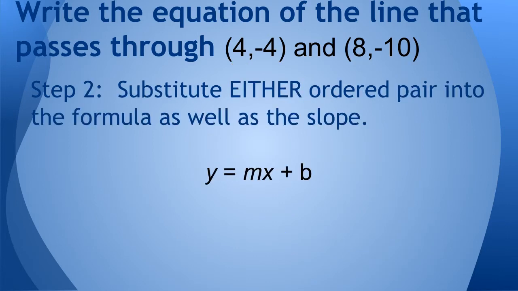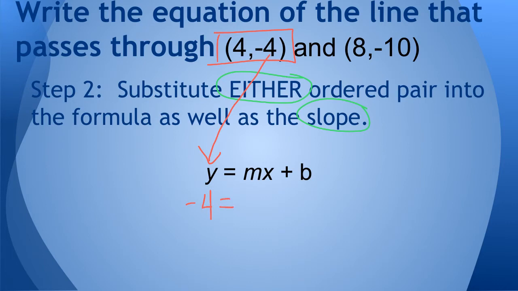Step number 2 says we're going to substitute either ordered pair into the formula as well as the slope we just figured out. It doesn't matter which ordered pair you start with, but I generally go with the left side one, or the first ordered pair. The y coordinate is -4.